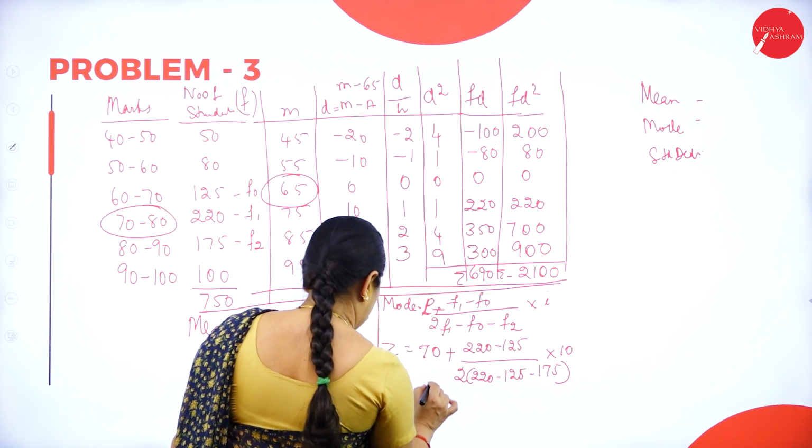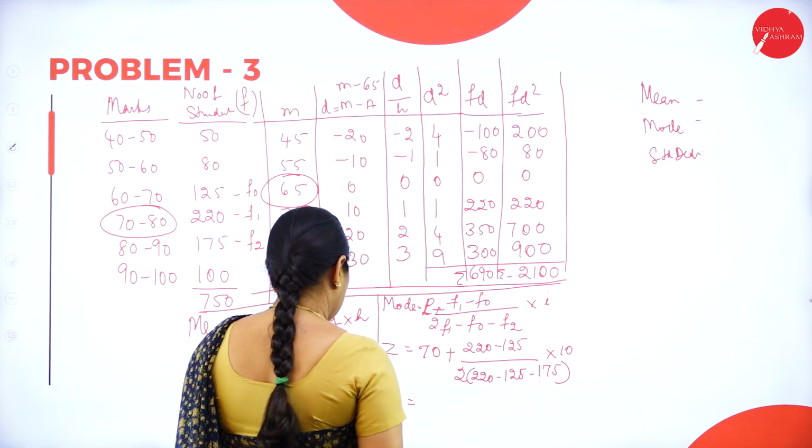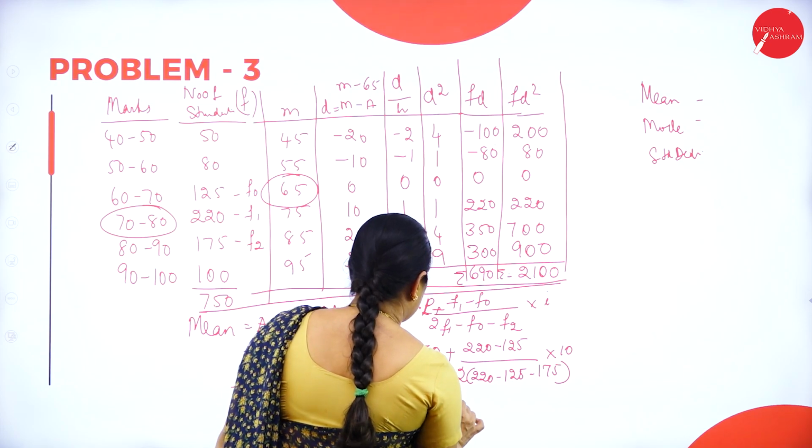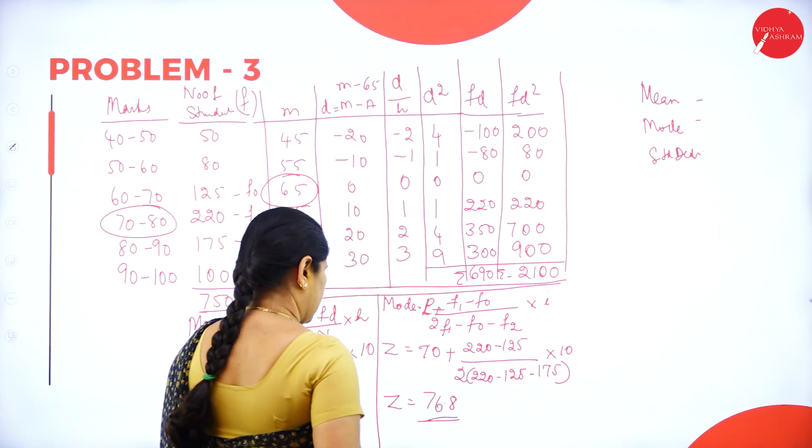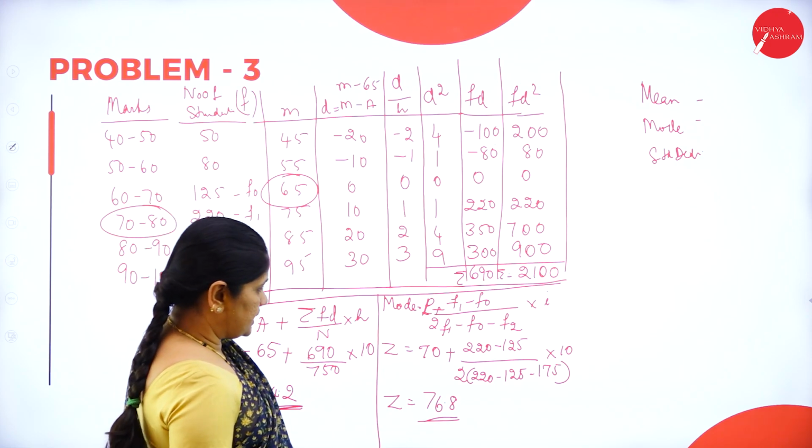When I calculate this, I get the mode value as 76.8.